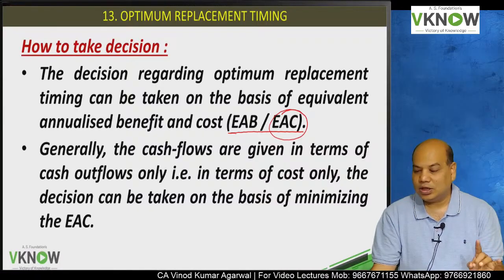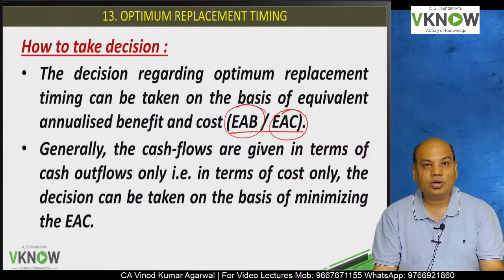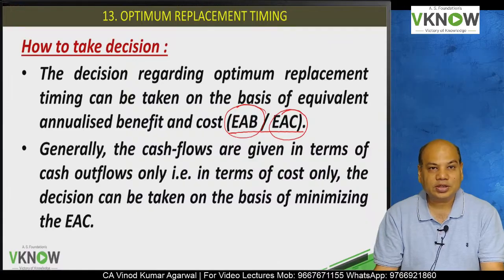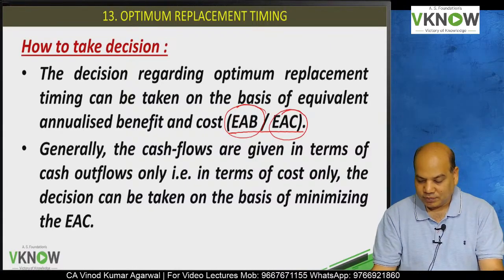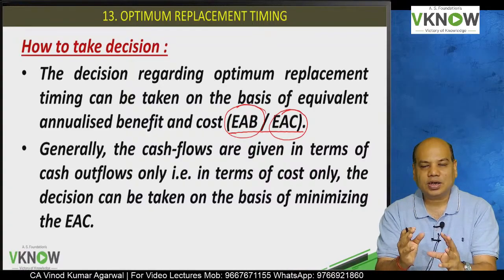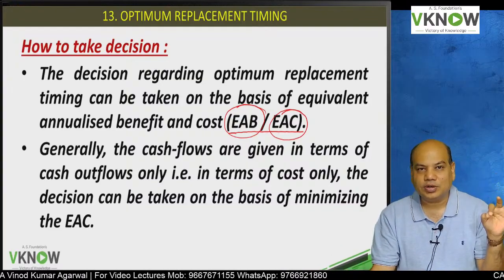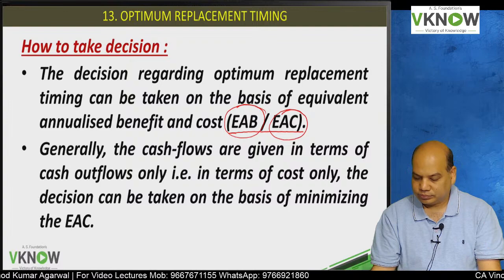Yes, if it is an EAB problem, a benefit maximization problem, where the revenue model is also given, then in that case we will choose the option which has higher EAB. Okay, treat it like you are comparing assets with different lives. If you can just visualize that point, my job is done.